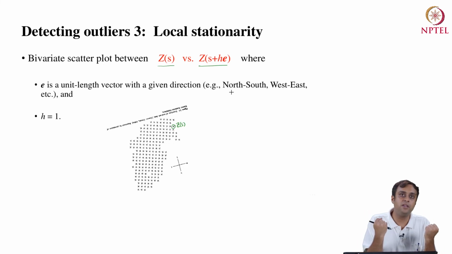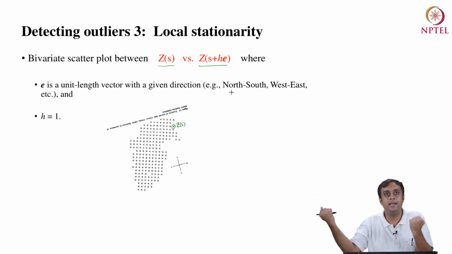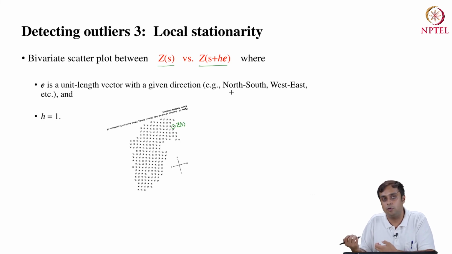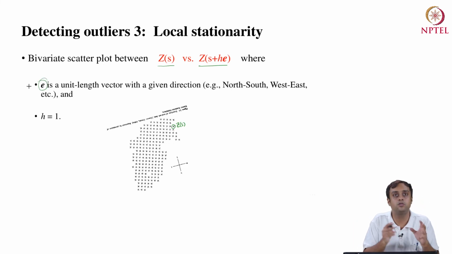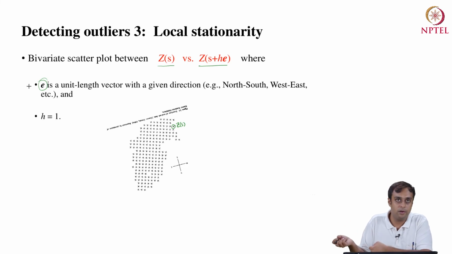When you multiply E with h, you are going to move h units in a given direction, and this direction information is contained within the vector E, right? The reason that we use this notation of a unit length vector is to contain the information on the direction in which we want to move, right?